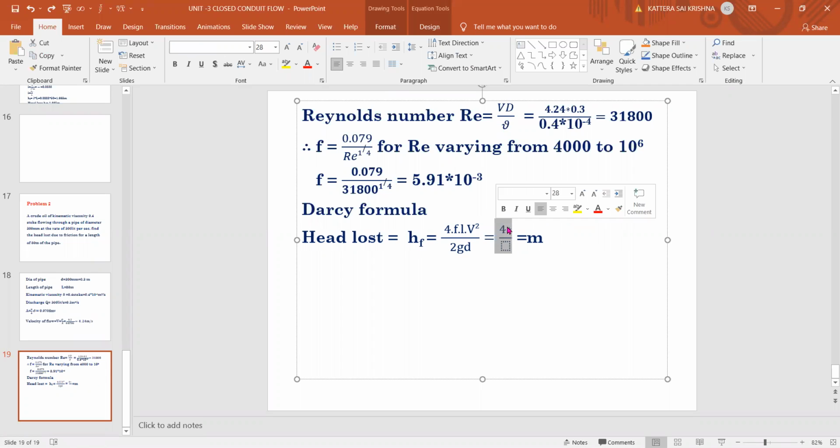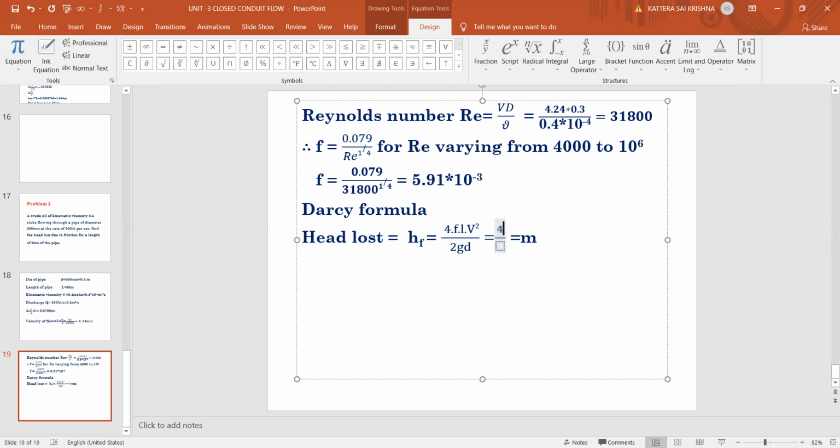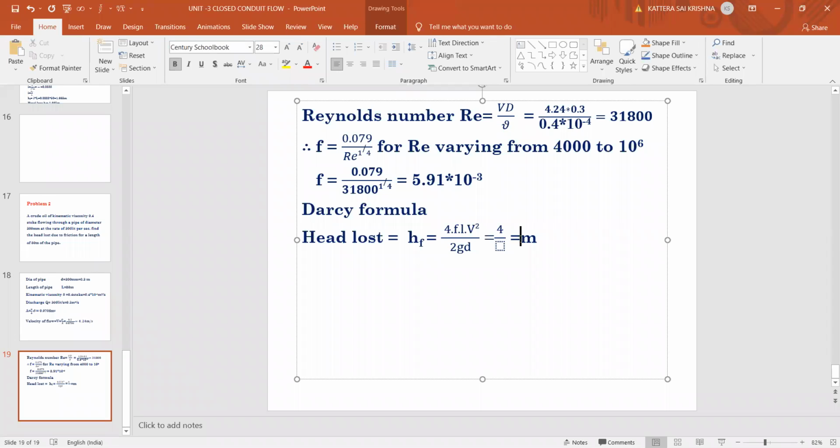Okay, substitute the values. Four into 3.61323, sir. 3.613. Right, yes, so this, sir, is 3.613 meter. Okay, so let me write here 4 into f value 5.91 into 10 power minus 3, into L. What is L? 50.